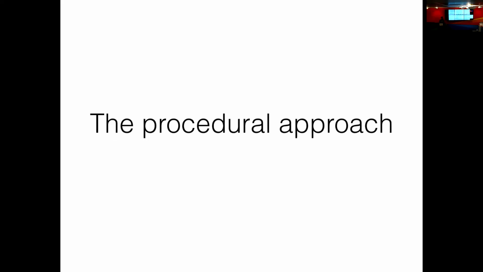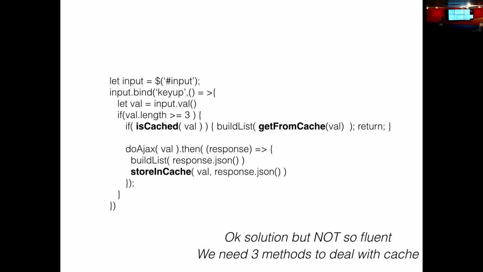So, of course, we got the procedural approach, the non-Rxjs approach. This doesn't look too bloody, but it could easily be if you have a number of things that need to happen. So in this case, we listen for a key up. We check if the number of entered characters is at least 3. At that point, we check the cache. If there's a response in the cache, we answer with the response.